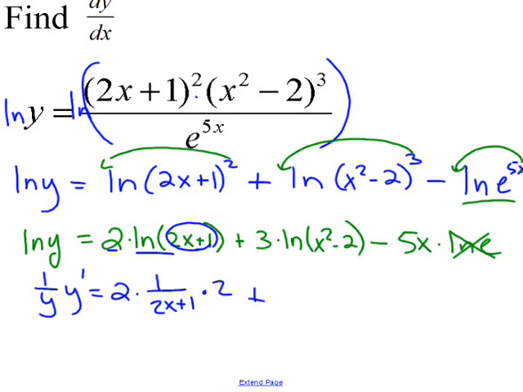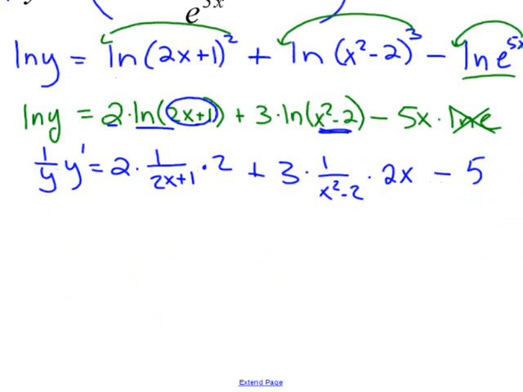Same thing over here, 3 over x squared minus 2. Or I'll leave that step, 3 times 1 over x squared minus 2. And then the derivative of the inside gives me 2x. And now the derivative of negative 5x is just 5.